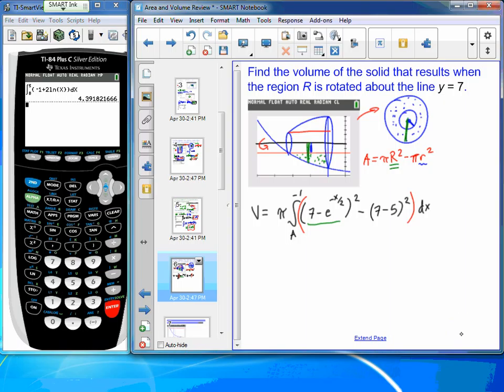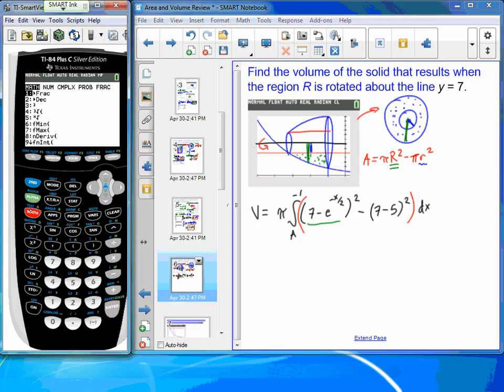Oh, can't wait. Alpha A, 2, -1. Oh, I need a pi. We need a pi in front. Second, insert. Don't forget that. That'd be bad news bears.